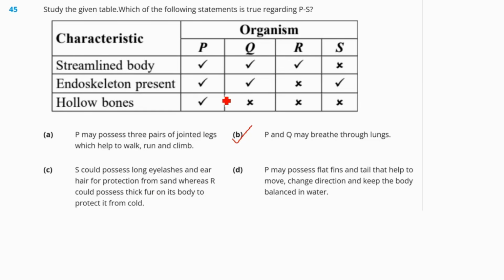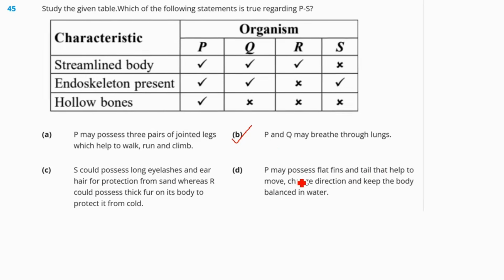And penguins have streamlined body, but penguins do not have thick fur. So this is wrong. P possess flat fins and tail. No. Birds do not have fins. So this is a wrong statement. So our correct answer is option number B.